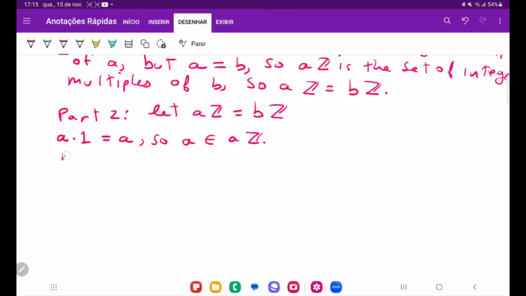And then we're saying, note that AZ is equal to BZ. And so if they are equal, it means that A belongs to BZ.